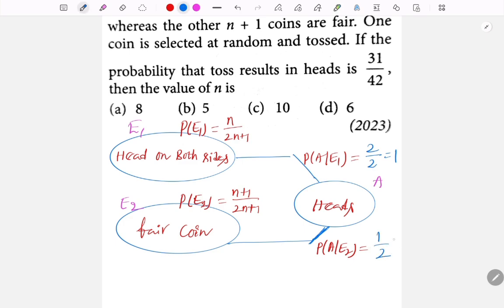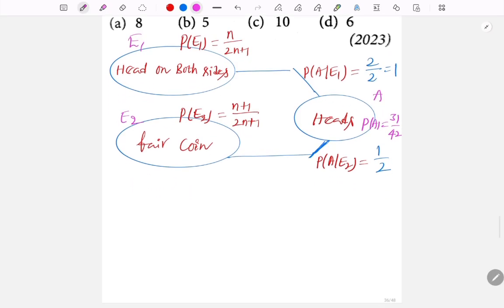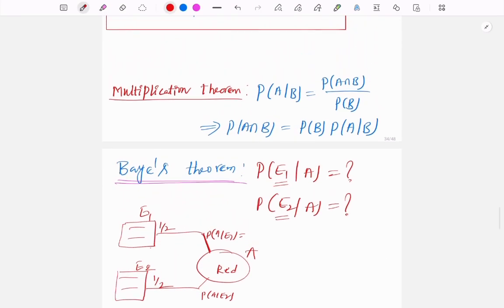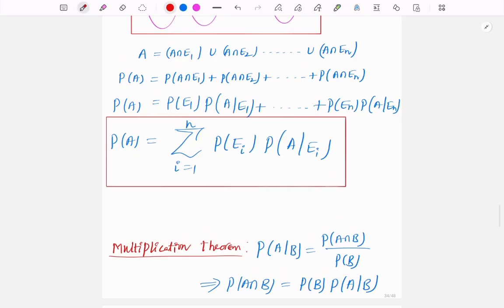Now substitute all those, as they gave one more answer. What is the P of A answer they give? 31 by 42 they give. Substitute all those values and you will get the answer. First write down the P of A formula. First one we already did, right? Can I copy from there? What is the P of A formula?